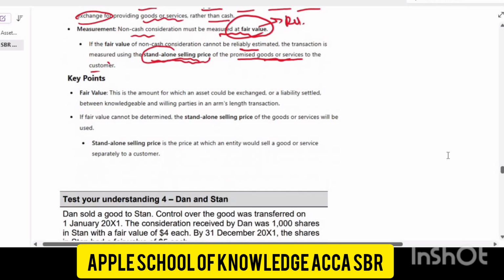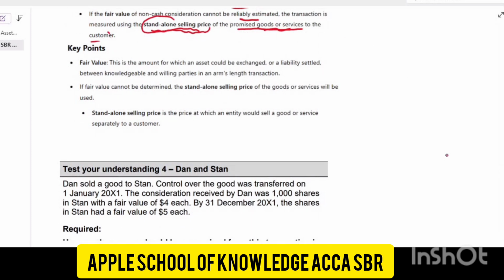Okay, the key point here is that fair value is the amount for which an asset could be exchanged or a liability settled between knowledgeable, willing parties in an arm's length transaction. This is the definition of fair value.